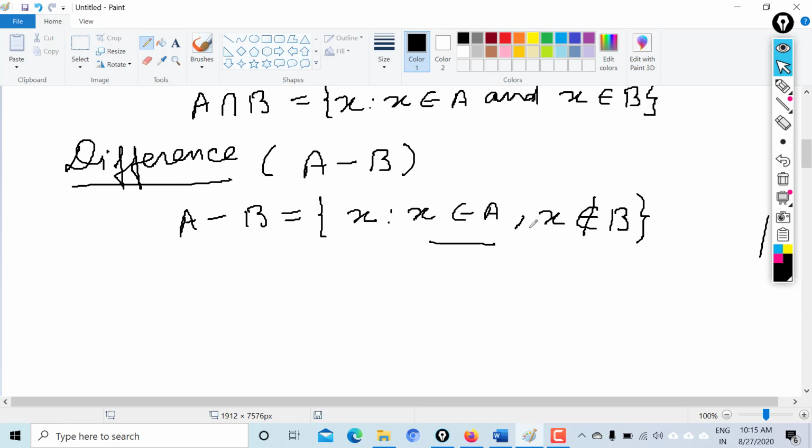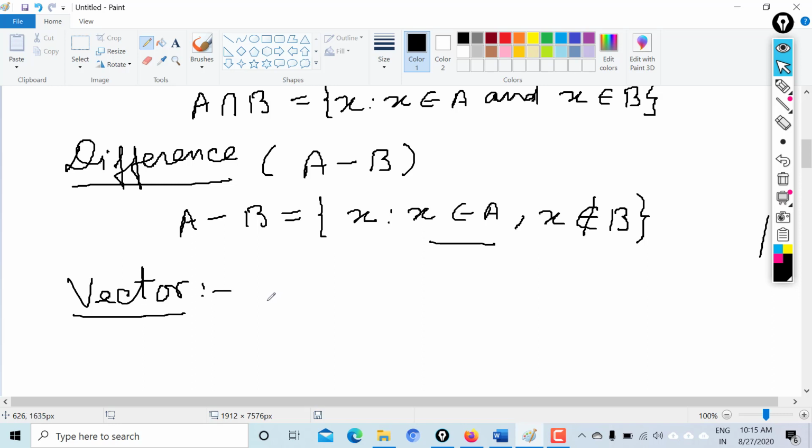Now the next thing which I will discuss is the vector. So what is a vector? A vector X is an ordered n-tuple of real numbers.